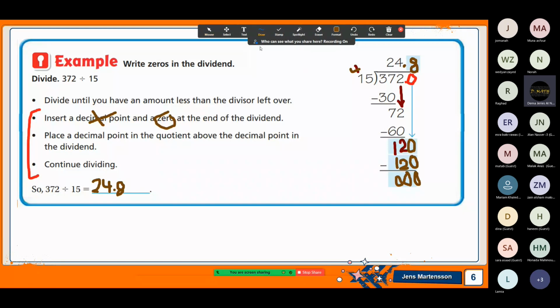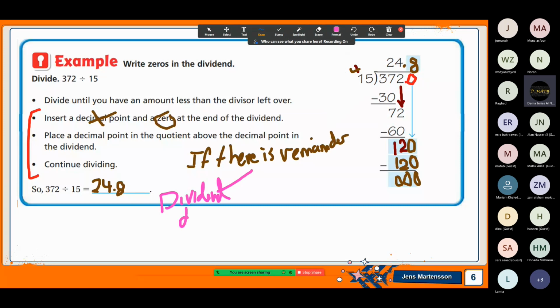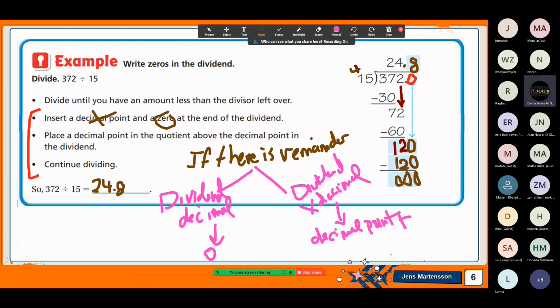So this case happens only if there's a remainder. Now, I will go to the dividend. If the dividend has a decimal point, just add 0. But if the dividend doesn't have a decimal point, you have to add the decimal point plus the 0.